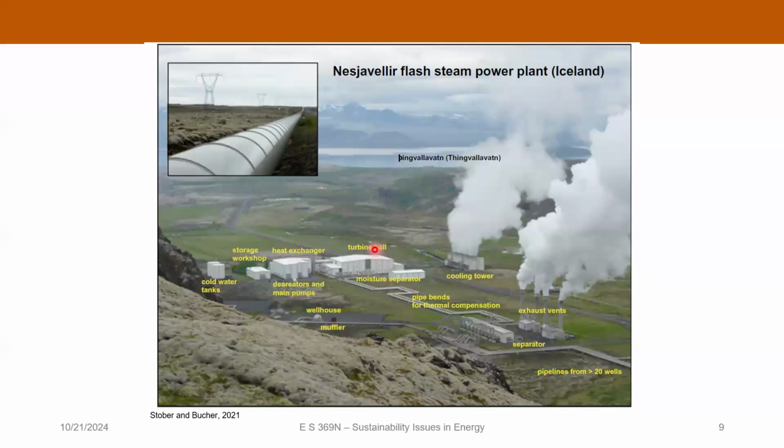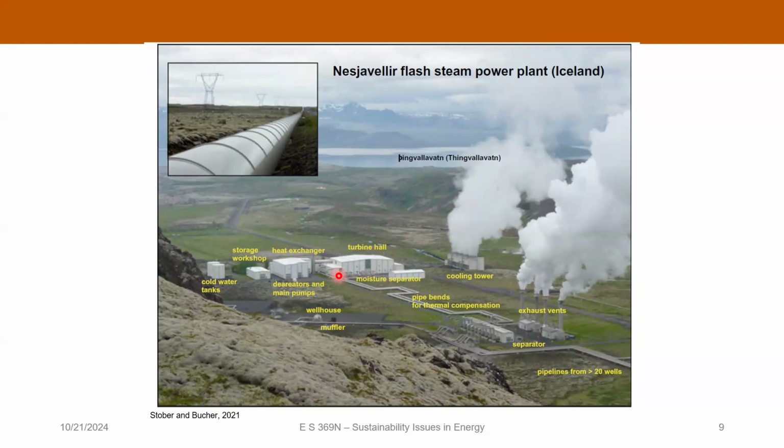The gas comes in here to the turbine hall where it generates electricity. And then they've also got a heat exchanger here, which works with the hot water that's been siphoned off. So generally, whenever you see photographs of these power plants in Iceland, there's a lot of steam coming off of them, which makes sense. But that's kind of typically what they look like and the scale of these things.